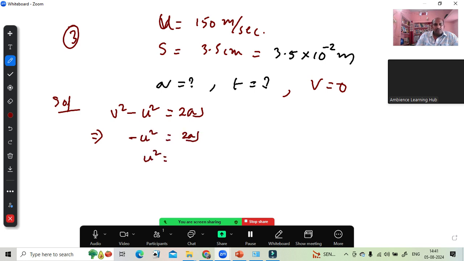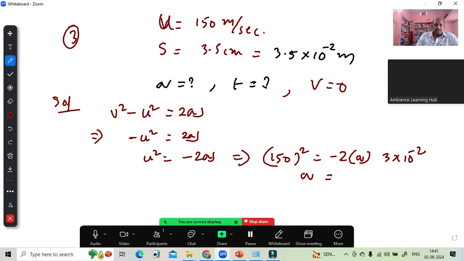So u square is equal to minus 2as. What is u? 150. 150 whole square is equal to minus 2 into a into s, which is 3.5 into 10 power minus 2. Here we get a is equal to minus 3.214 into 10 power 5 meter per second square.